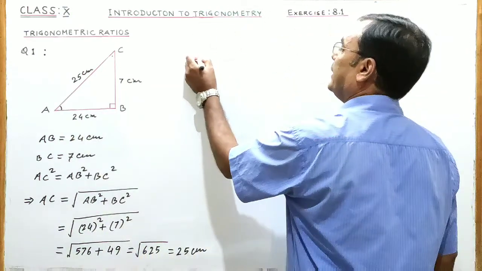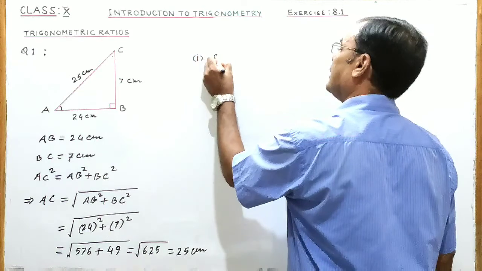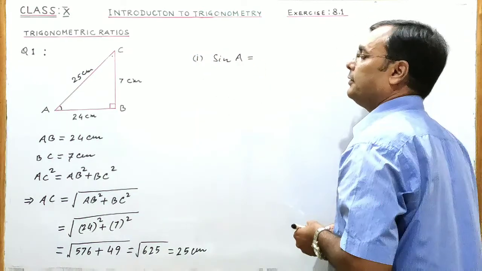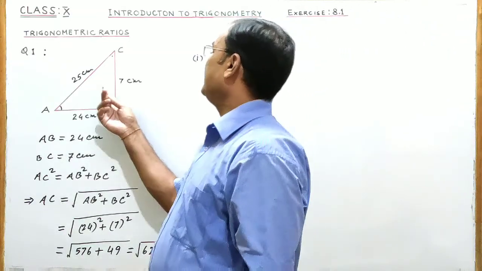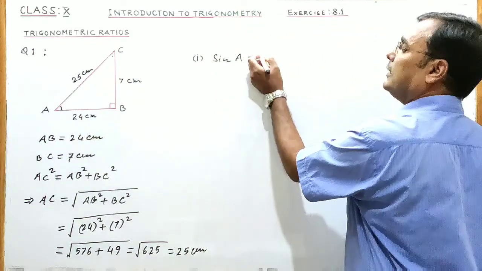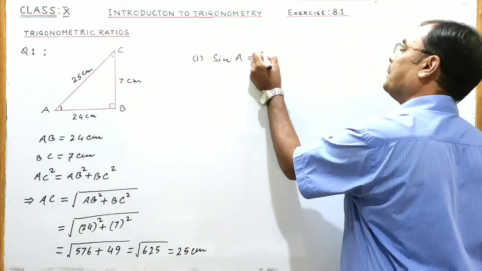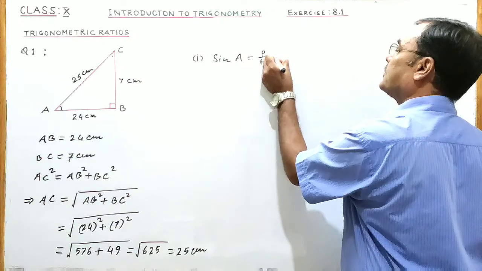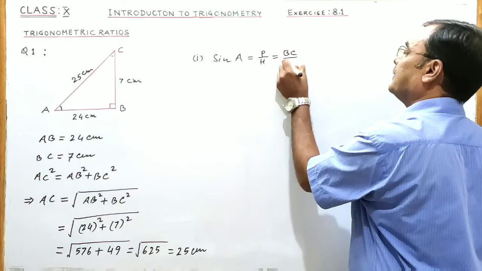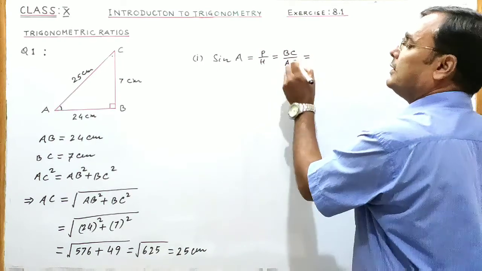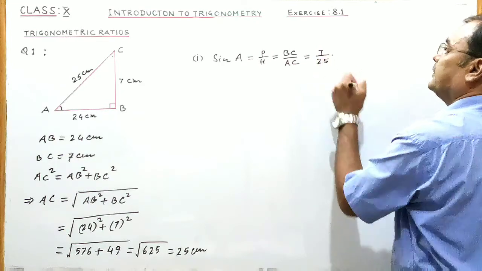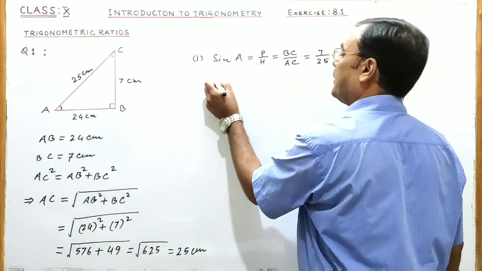So now we can write sine A. Sine of angle A is defined as perpendicular by hypotenuse. So sine A is equal to perpendicular by hypotenuse, which is equal to BC by AC, and this is equal to 7 by 25. This is sine A.